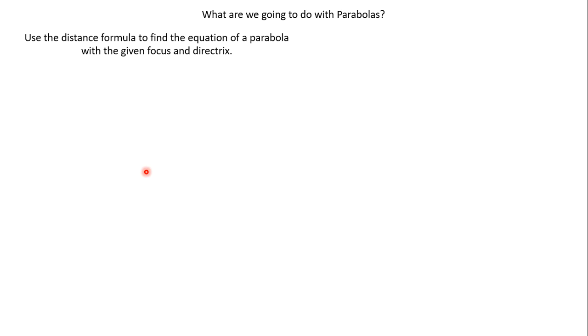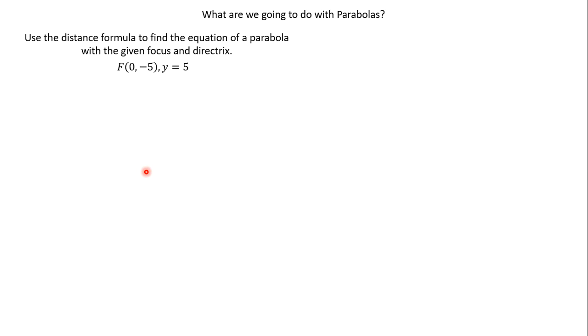We can use the distance formula to find the equation of a parabola with a given focus and directrix. So if we have a focus (0, negative 5) and a directrix y equals 5, we can just use the definition with the distance formula and find the equation. We can do this with ellipses and hyperbolas as well. It gets a little bit ugly sometimes though.